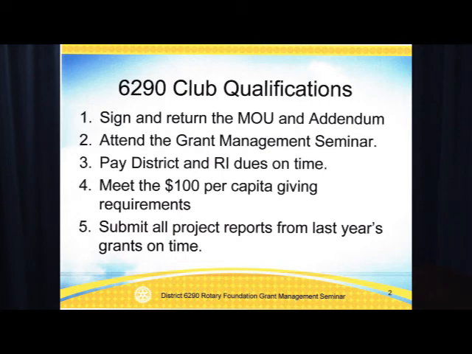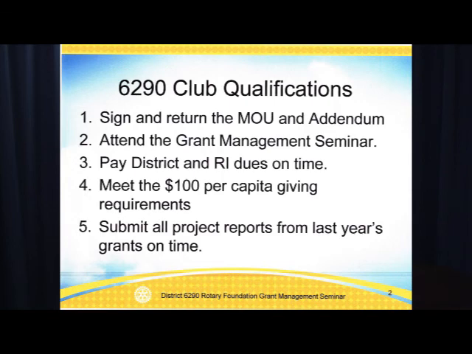Your club will have access to the 0.5 to 1 match from the World Fund, matching the club cash in the grant application. Your per capita calculation will be made using the July 1st, 2017 Rotary International membership records.